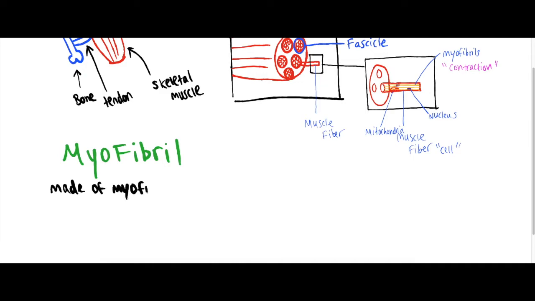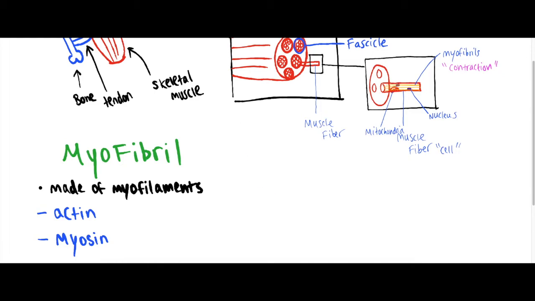The main types of myofilaments are going to be the following: actin and myosin. These are our myofilaments, and they're responsible for the contraction of the myofibril inside of the muscle fiber or the muscle cell.